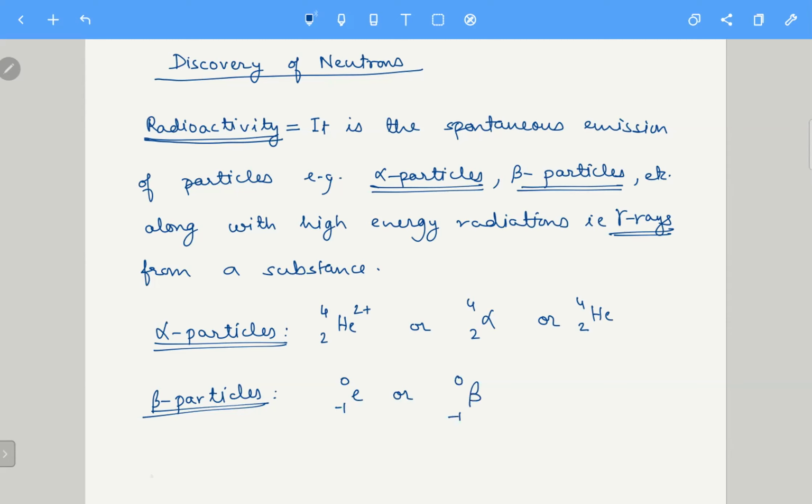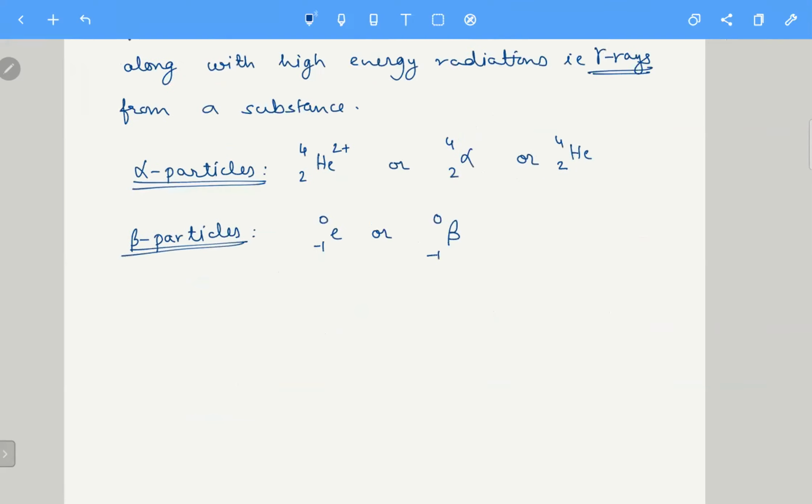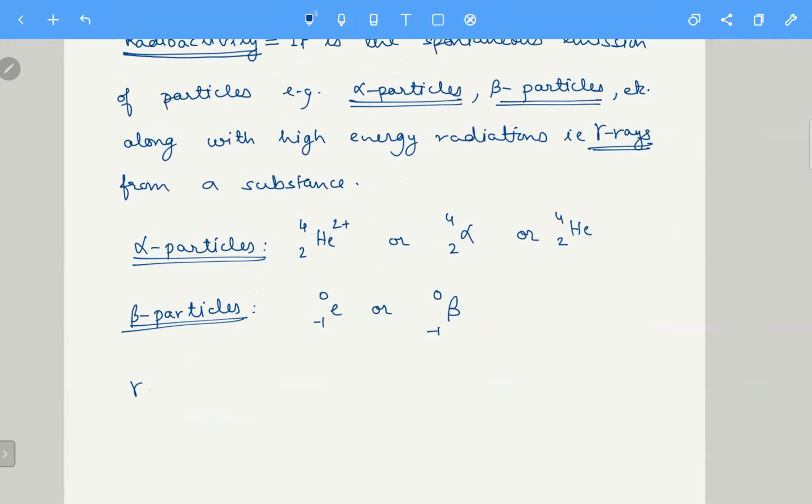And gamma rays are electromagnetic waves or simply radiations. They're not particles which can be deflected by electric or magnetic field. They're simply electromagnetic waves or radiations similar to light.